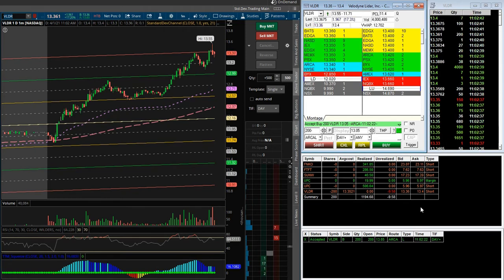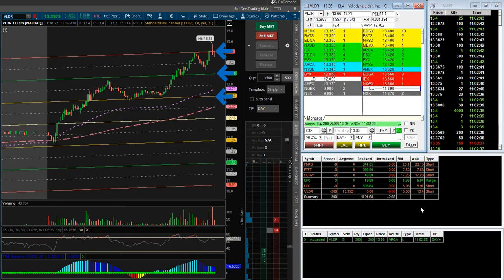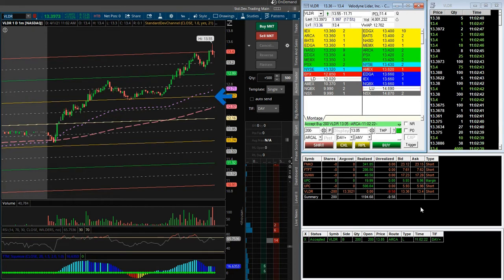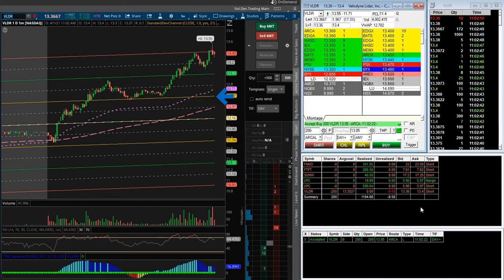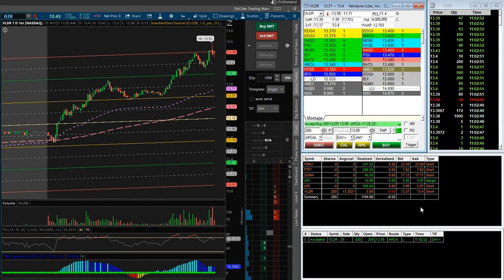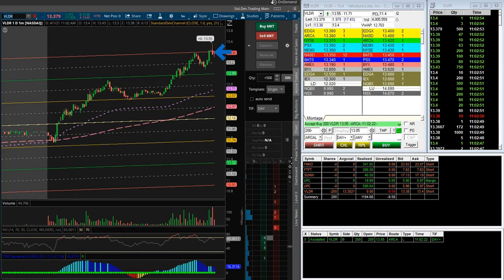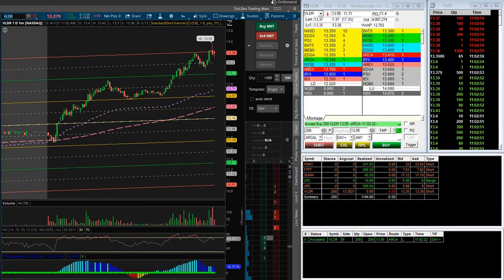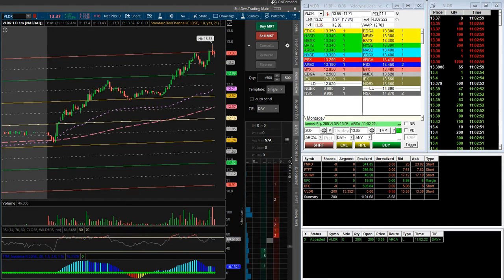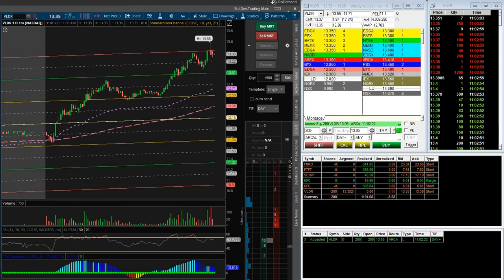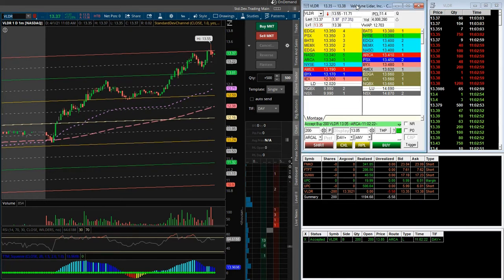Let me now explain the reasons behind my entry. These lines here that you see are standard deviation marks. The yellow line is 1 standard deviation, the green line is 2 standard deviations, and the red line is 3 standard deviations. When the price hits 1 standard deviation, it has a 68.2% probability of coming back down.